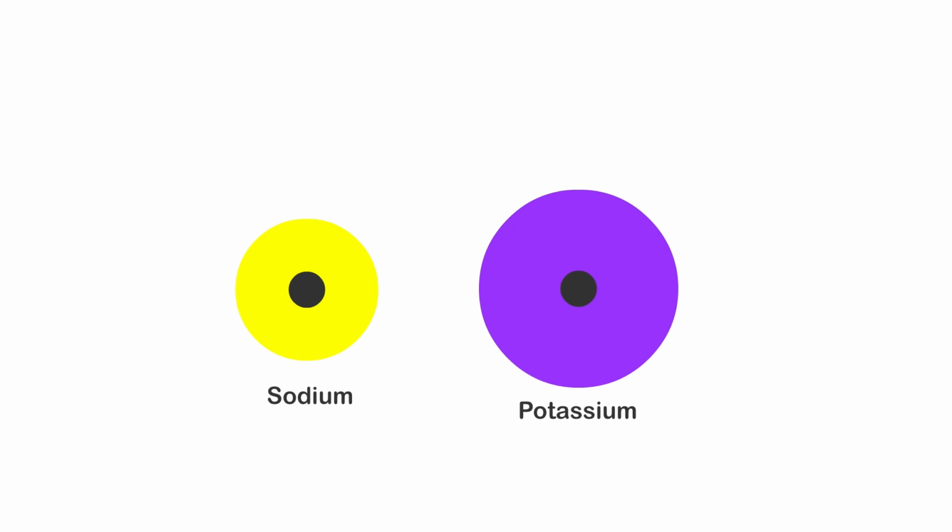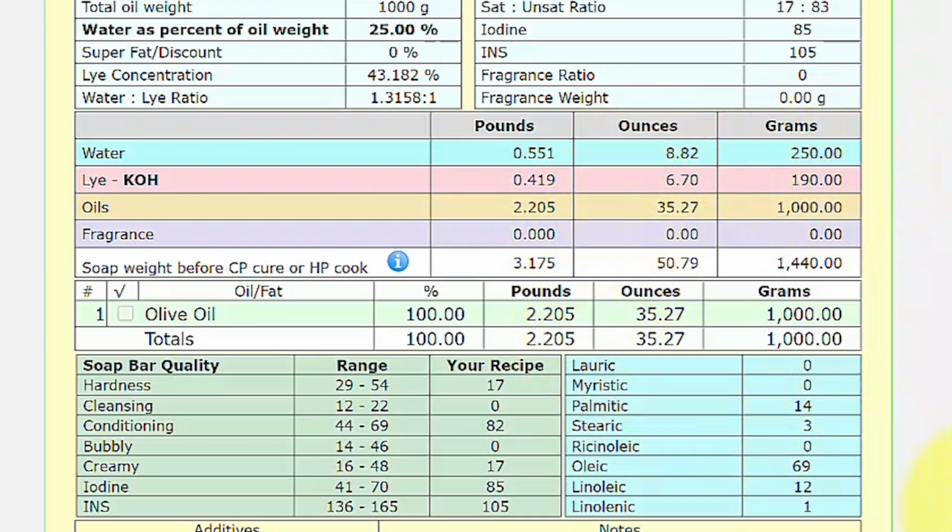First of all, it always makes it look like you're using more potassium hydroxide to saponify the same amount of soap. You're not. You're using exactly the same number of bits. It's just that potassium hydroxide is heavier than sodium hydroxide. Here's a recipe printout from Soap Calc.